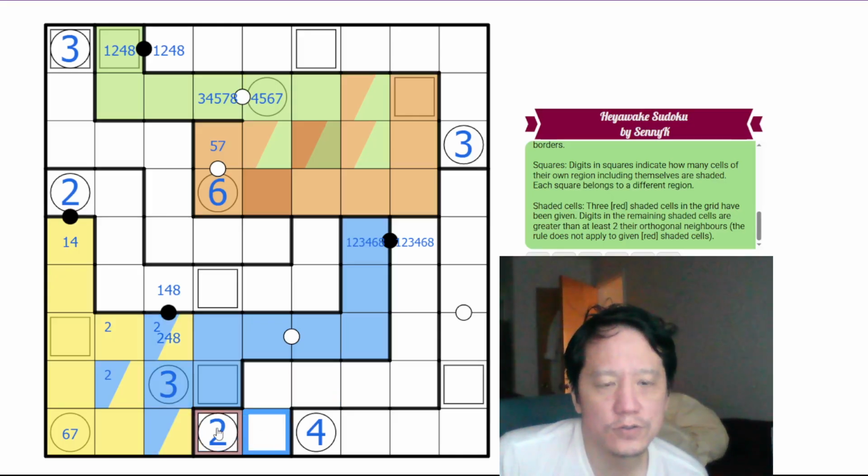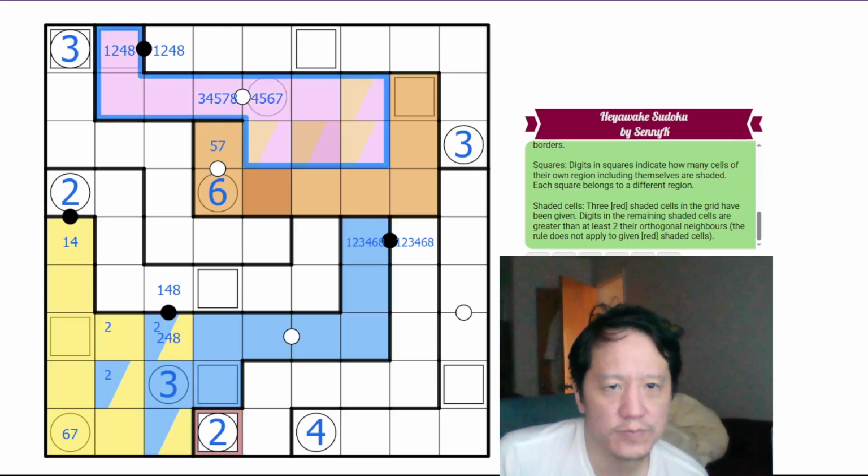This sees 2. It has 2 shaded cells, and these cannot. So these cannot be shaded. Not sure how to designate that. Maybe not make this green. Let's make this pink, I guess.